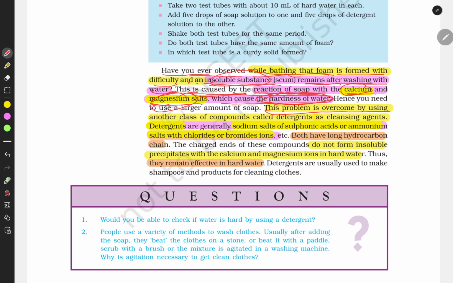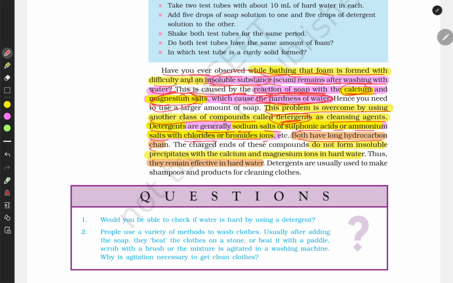This problem can be overcome by using another compound called detergents, as cleaning agents. Detergents are generally sodium salts of sulfonic acid or ammonium salts of chlorides or bromides.